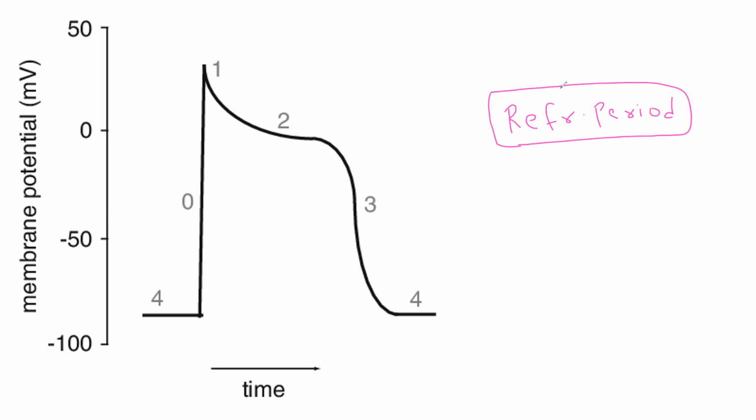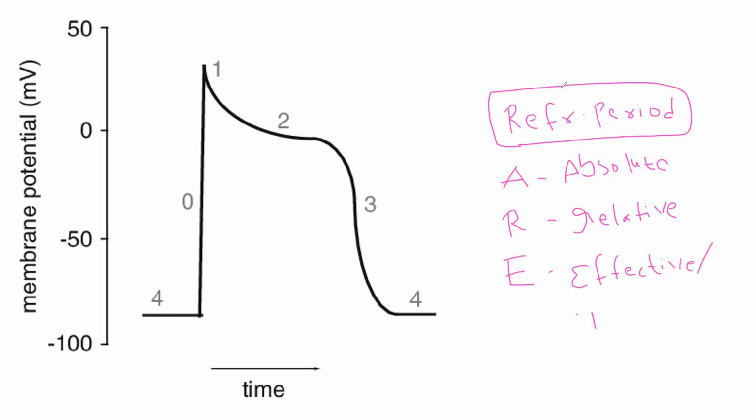So in the cardiac myocyte, there are 3 types of refractory period: absolute refractory period, relative refractory period, and effective refractory period. Effective refractory period is also known as total refractory period.